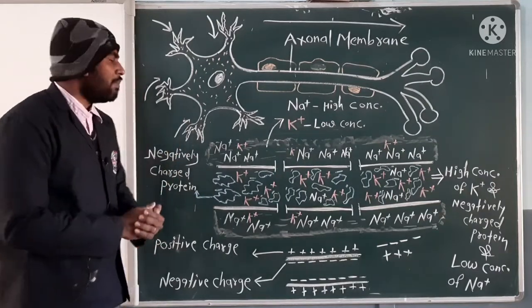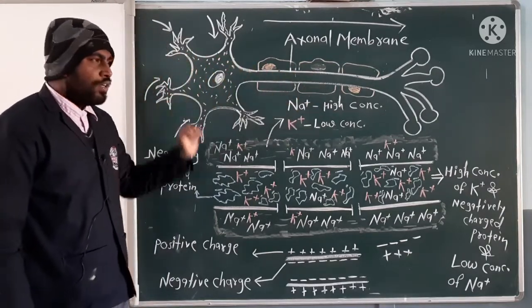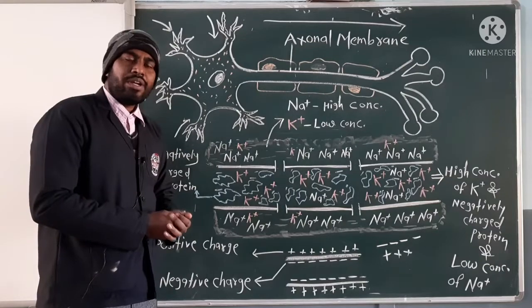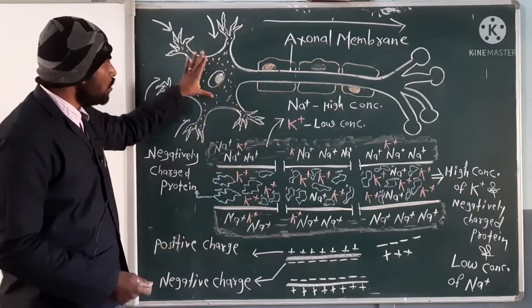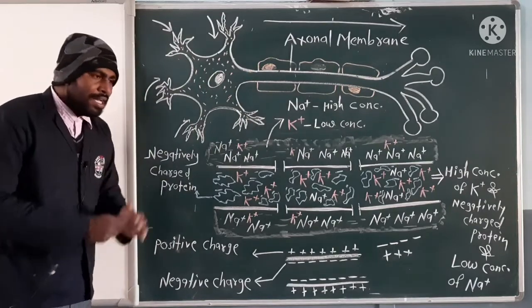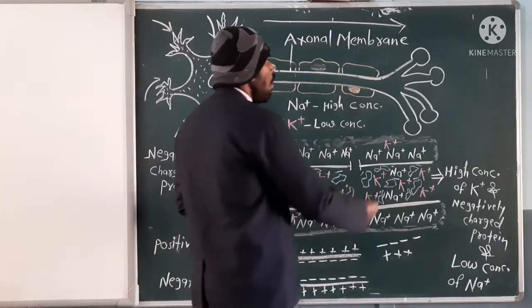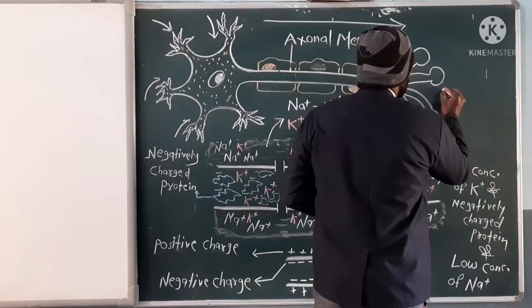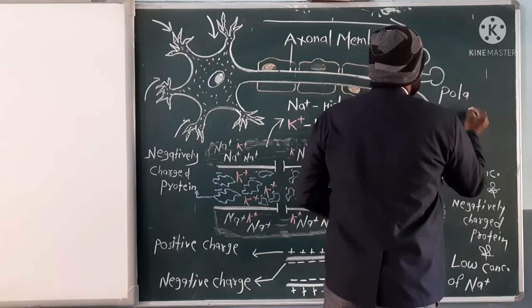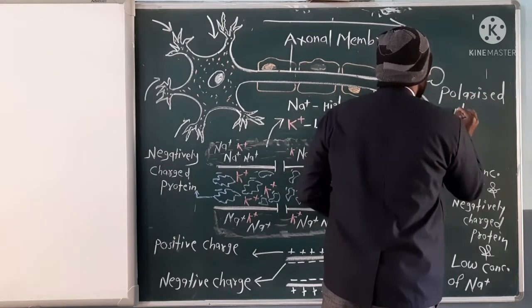The second thing is that when this neuron is not generating an impulse, that means when no impulse is being carried from this neuron, at that stage the neuron is called a polarized neuron. Why is it a polarized neuron?